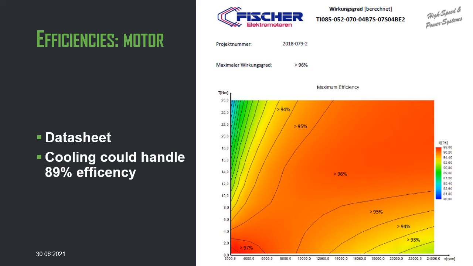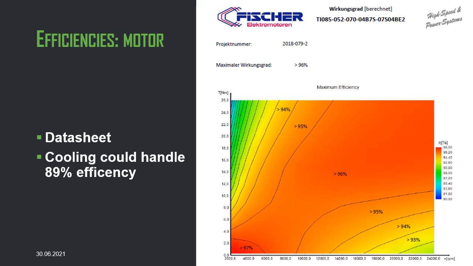The efficiency of the motor was rather simple, since they gave us a detailed data sheet of it. We dimensioned the cooling for the motor so that we could run continuously at 89% efficiency or even a bit less, whilst the motor can have a maximum efficiency of up to 97% at speeds of 4000 turns per minute and a torque of only 2 Newton meters.